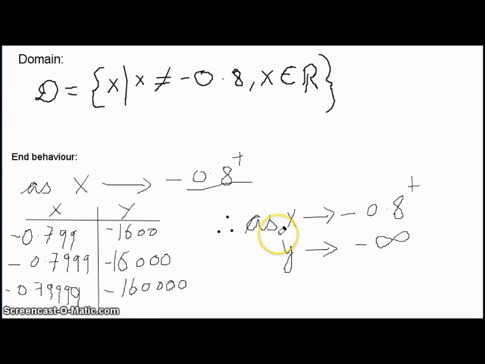Therefore, as x approaches -0.8 from the positive side, meaning from our right side, y approaches -infinity.